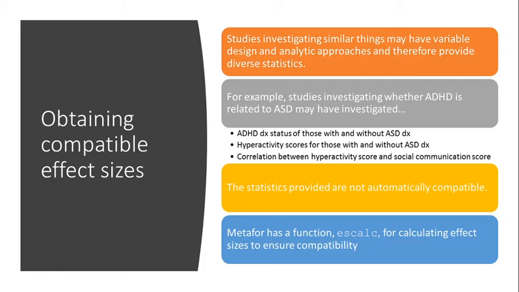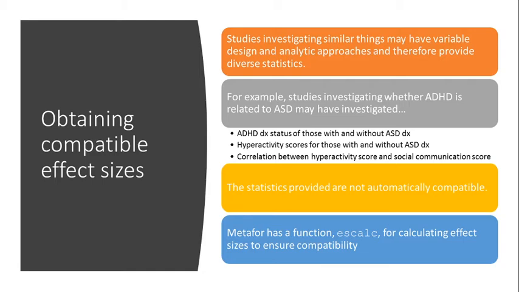So that's like you've got two binary variables there. Or different studies might have looked at hyperactivity scores for those with and without ASD. So you've got kind of continuous variable and a binary variable. Or you might have a correlation between hyperactivity scores and social communication scores. So that study's got kind of correlation statistics.